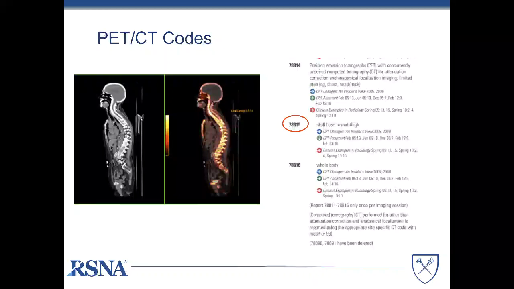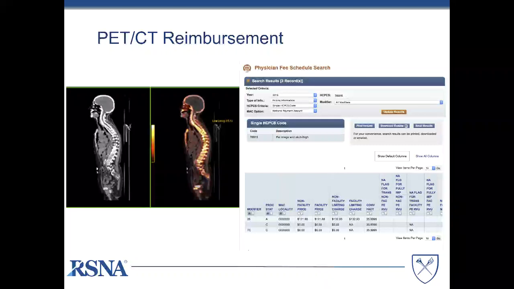Our next example is a PET CT. Here CPT code 78815 denotes the extent of this PET CT. But this result from the physician fee schedule looks a little bit different. We can see the technical component is missing.